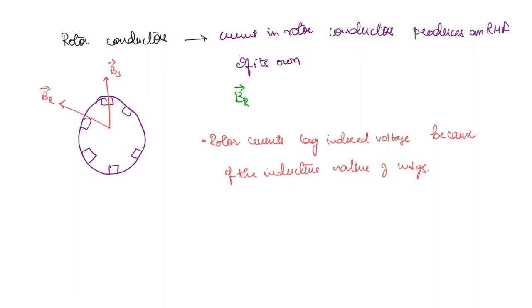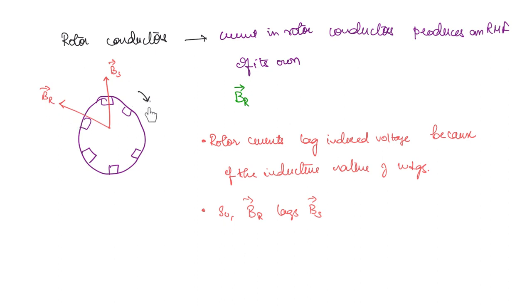So that is why the magnetic field that is produced by the rotor will also lag the stator magnetic field. So BR bar lags BS bar. We are considering this as lagging because both fields are moving in the clockwise sense. So do not get confused. When we talk about vectors, usually we talk of BR as the leading vector.